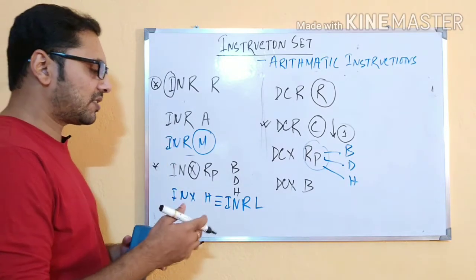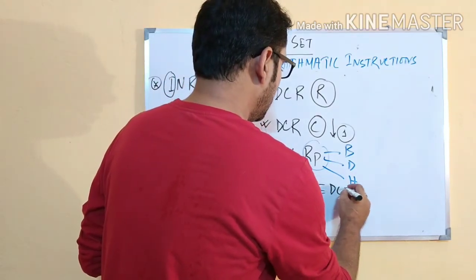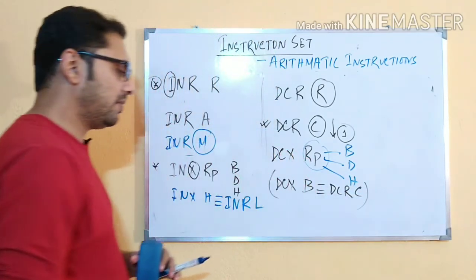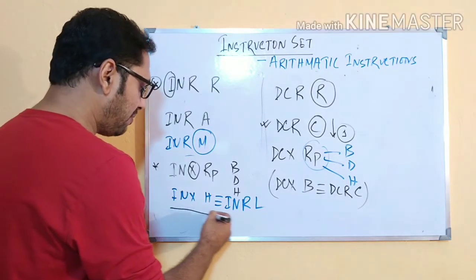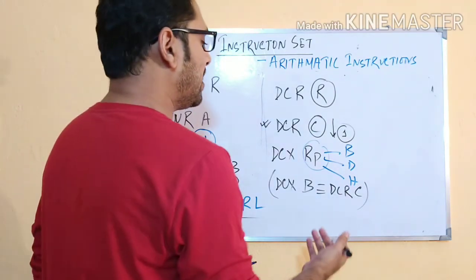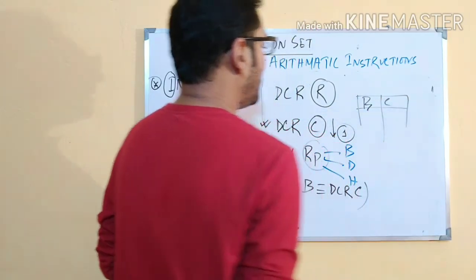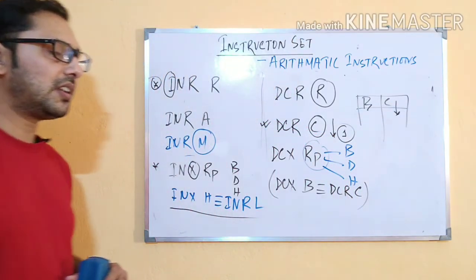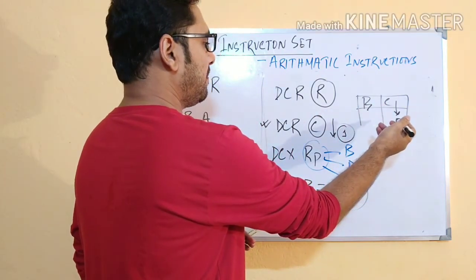So you should understand, DCX B and DCR C both will give us the same value. Just like INX H and INR L give the same value, because you are decrementing the register pair BC, meaning finally you are decrementing the value of C only. You cannot decrement the value of B when you are using B as a register pair.